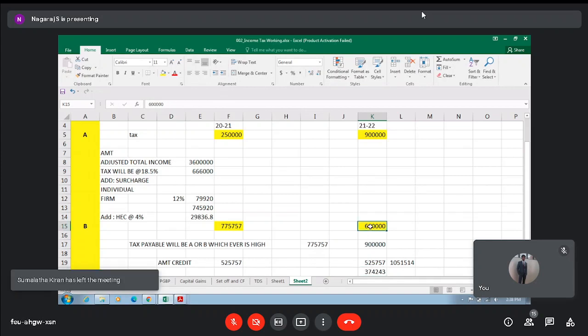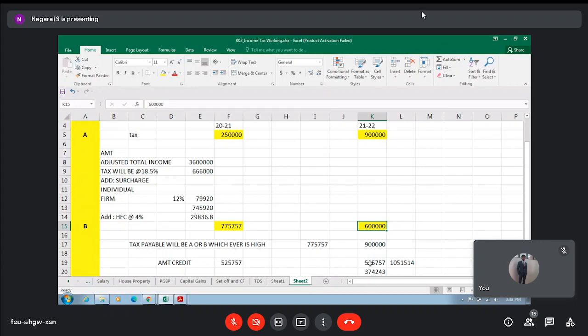Minimum you have to pay 6 lakhs. The balance, the difference of tax payable and the minimum tax, you can take as credit. These many questions they can frame in this chapter. The same logic is applicable for MAT also.